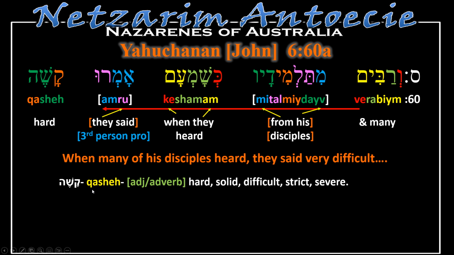Now, I've given it down here, kashe, as an adjective or adverb. It can mean hard, solid, difficult, strict, or severe. So, in other words, his words were hard or they were severe, you know. When many of his disciples heard, they said, very difficult.